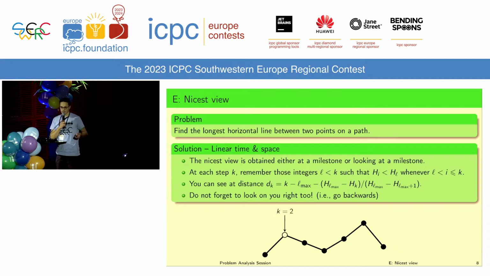So, for example, on the example, you maintain the stack of milestones that you can still see, and then you compute the length, and that's it. And then you do the same going from right to left, and you take the maximum of the two values, and that's it.